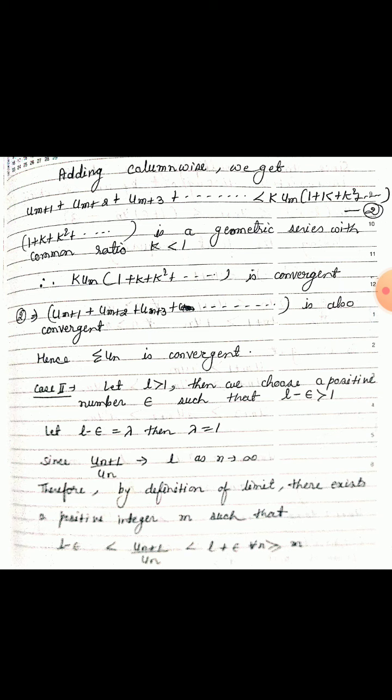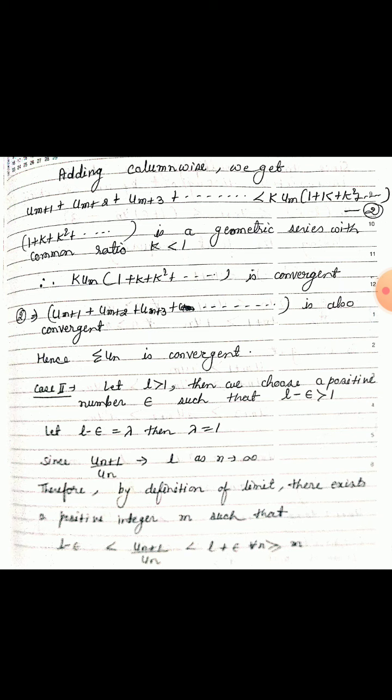And so the right hand side k um (1 plus k plus k square plus ...) is convergent, and hence by comparison test um plus 1, um plus 2, um plus 3 and so on is also convergent, and hence summation un is convergent.